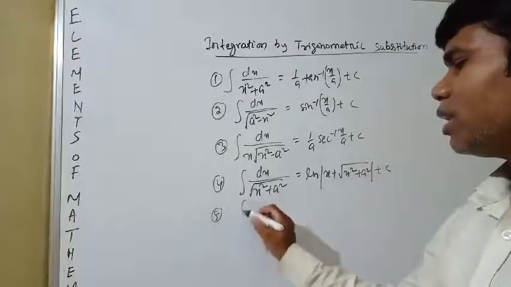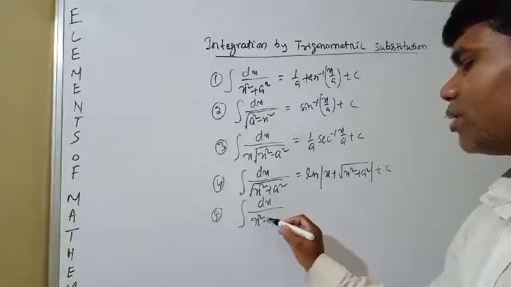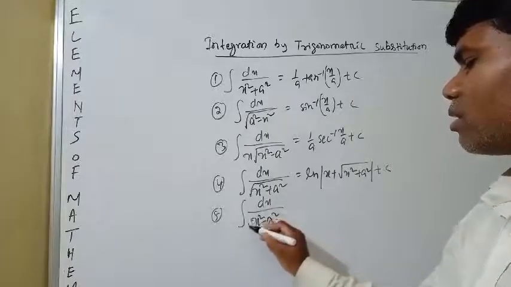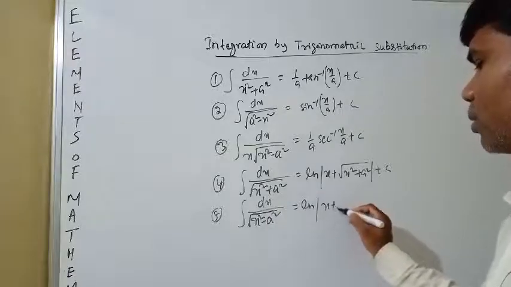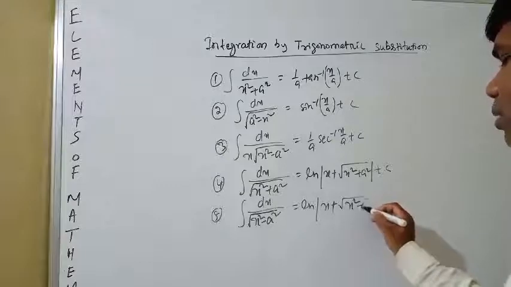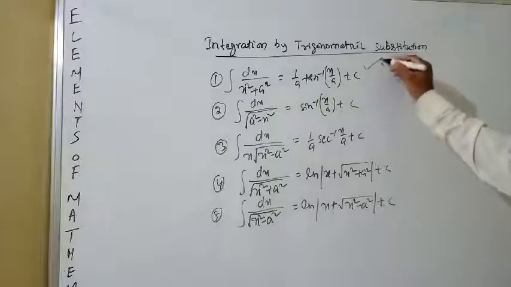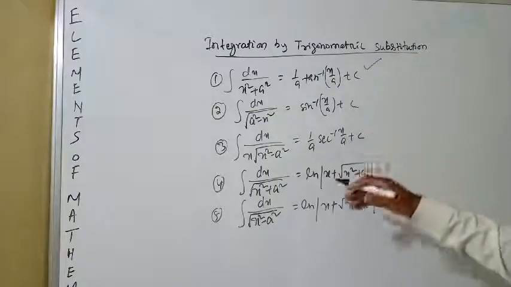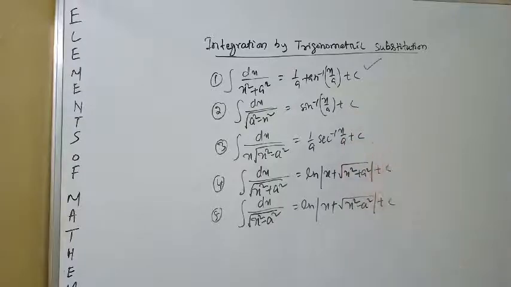The last one is integration of dx by root over x square minus a square is equal to ln of x plus root over x square minus a square plus c. Mainly these 5 formulas are required for trigonometric substitution. I have already proved the first formula. The other formulas you can also try to prove by proper substitution.